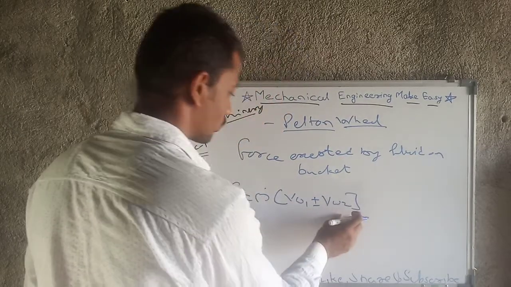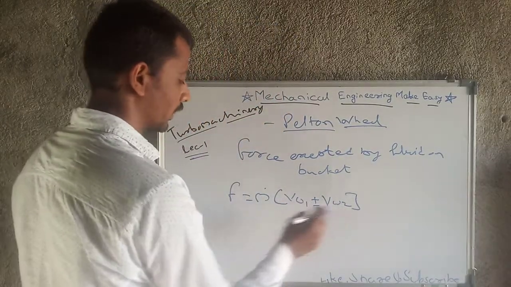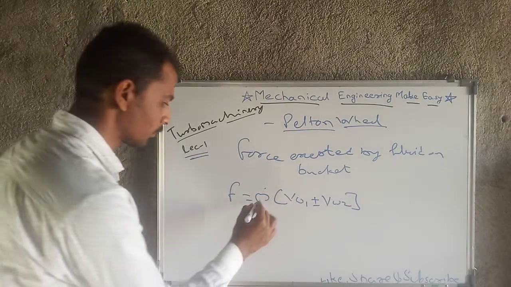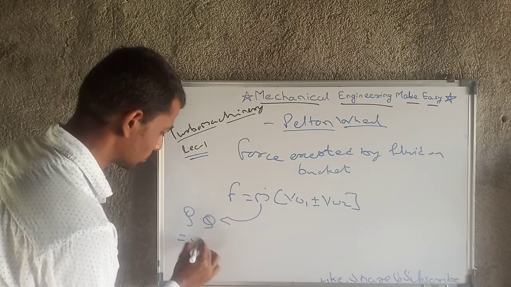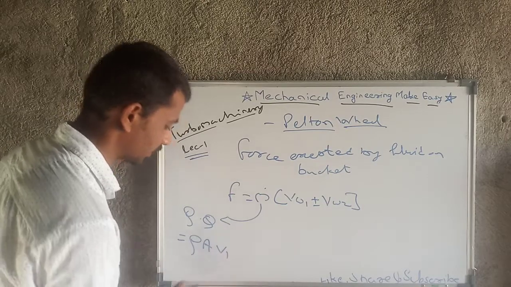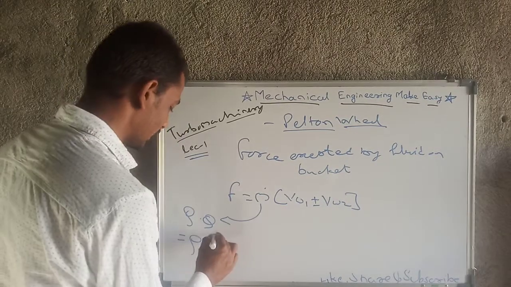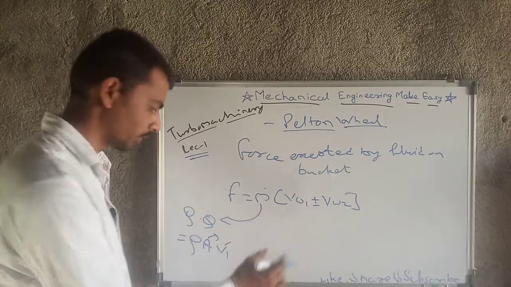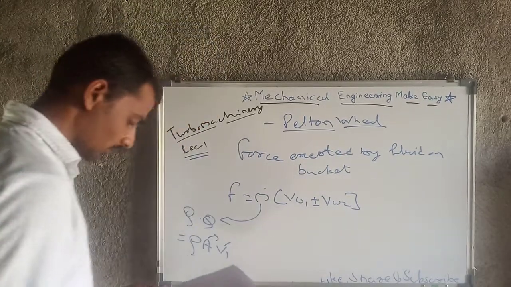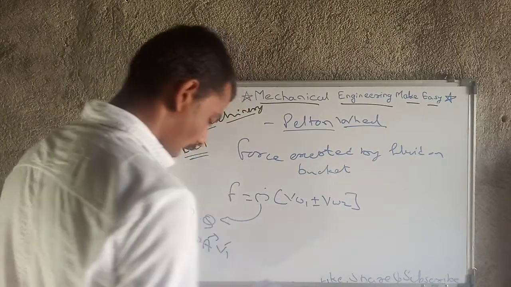These are the whirl components of velocity at inlet and at outlet, and m dot is the mass flow rate, which is nothing but rho Q, which is equal to rho A V1. This is the area, and V1 is the absolute velocity at inlet.